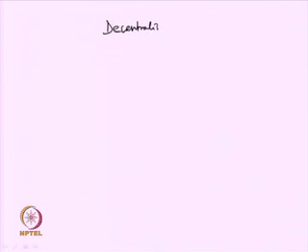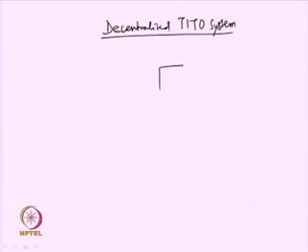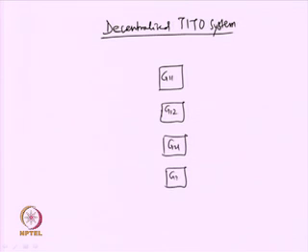Decentralized TITO system, where I shall describe the TITO system dynamics in the form of G11, G12, G21 and G22. Again we have the output from the blocks added in this form.